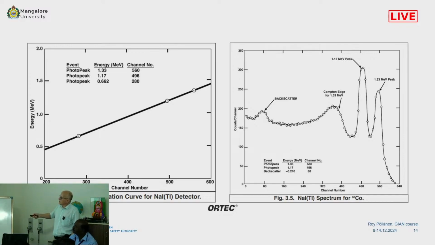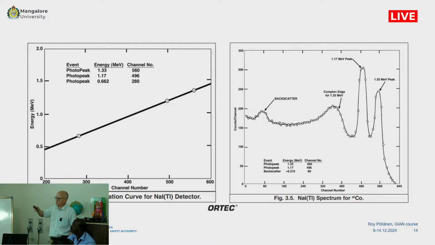This is one example of a sodium iodide spectrum for cobalt-60. There are the same kind of peaks as in high resolution gamma ray spectrometry. One of you asked me why there is only one backscatter peak when there are two gamma peaks.